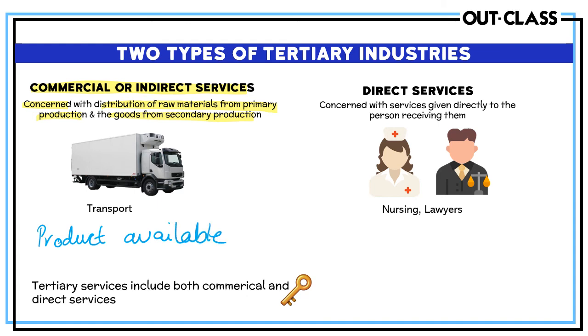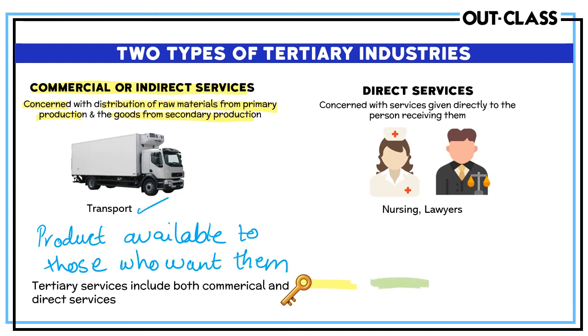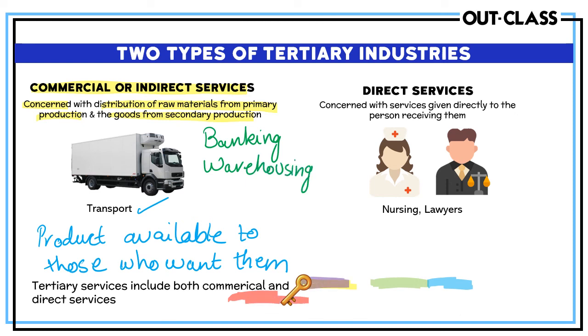Simply, commercial or indirect services make it easy to distribute these goods to those who want them. These services are transport, banking, insurance, advertising and warehousing. We'll be discussing all of these in detail as we move on.